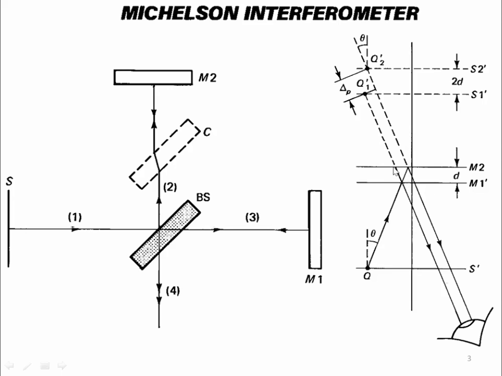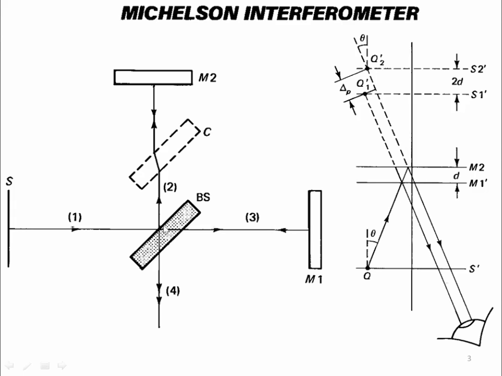Here we are actually interested in the optical path difference, so this is highlighting only the path difference. This is the point where these two are being seen, our reference point. So with respect to this point, we are seeing things.